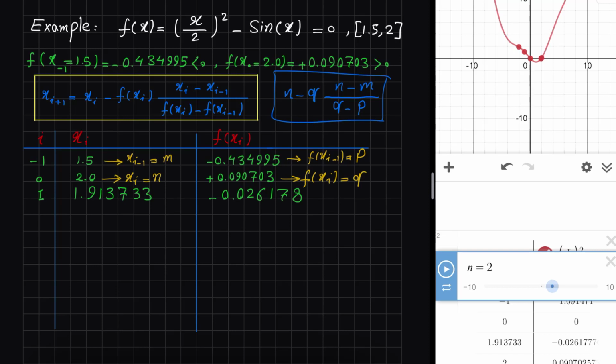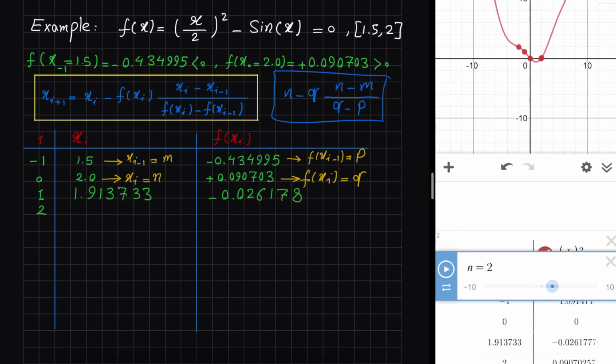For iteration 2, we follow the same procedure, but at this time our new xi and xi minus 1 are 1.91373 and 2.